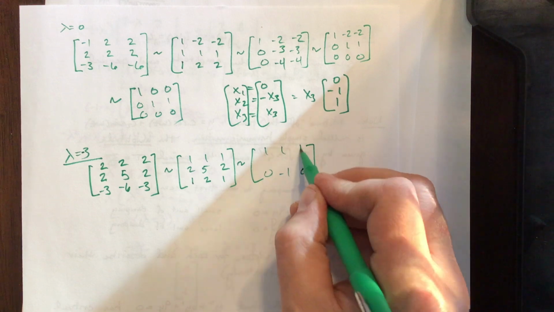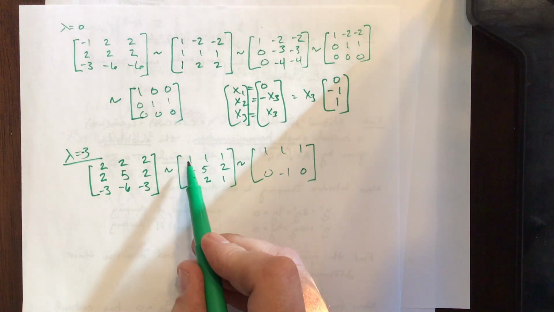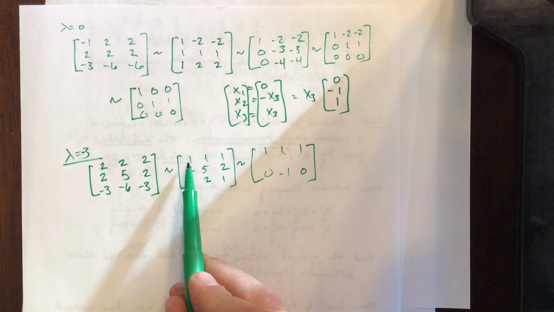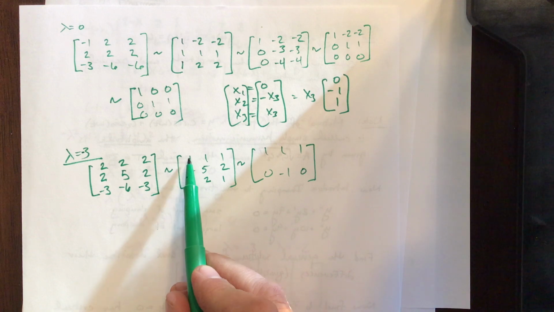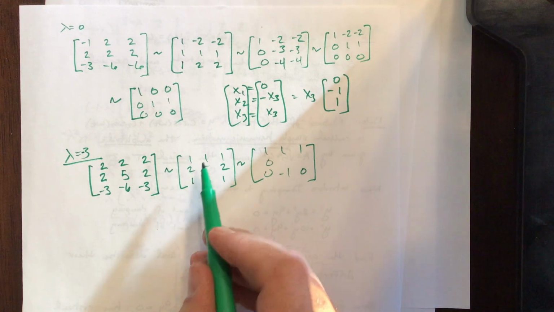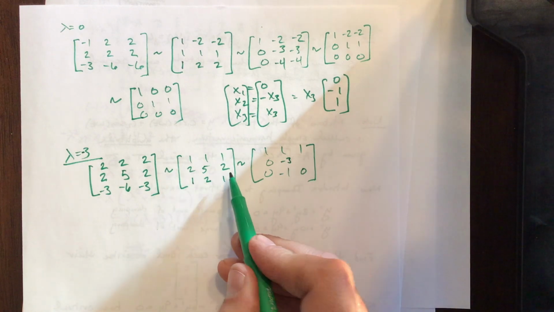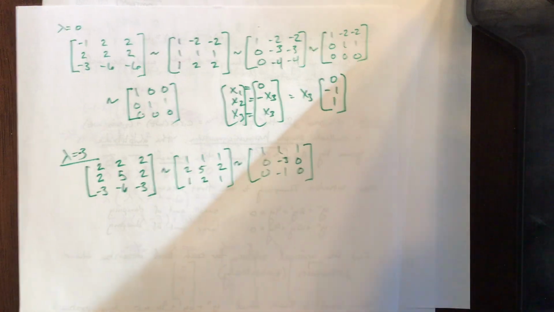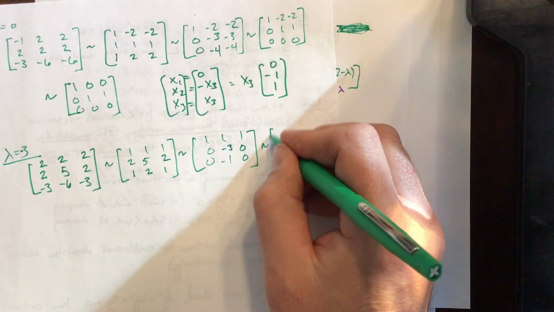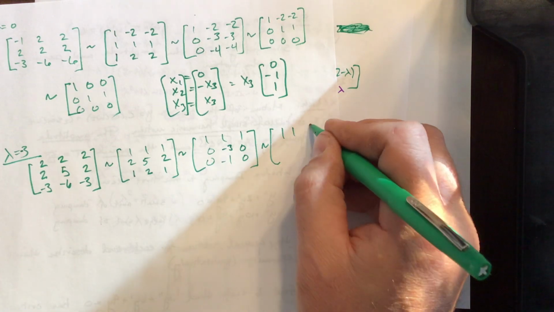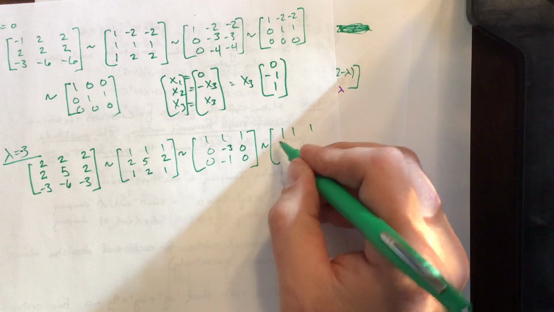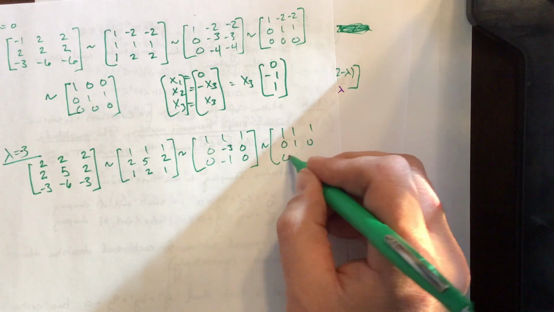That's 1, 1, 1 still. If I multiply row 1 by 2, I get 2 minus 2 is 0. 2 minus 5 is negative 3. 2 minus 2 is 0. So now this is the matrix 1, 1, 1, 0, 1, 0, 0, 0, 0.